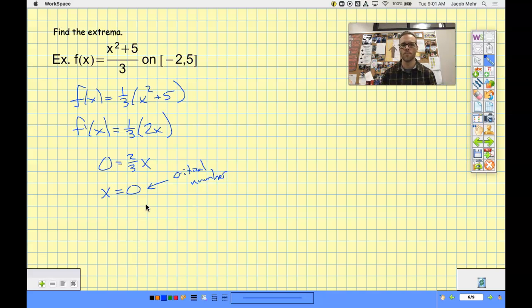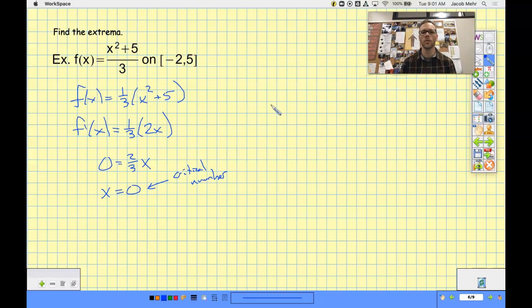All right. So we have our critical number. We need to evaluate our function at the critical number. So I'm going to find f of 0. Put 0 in, I get 5/3. But we can't forget about the endpoints because this is a function on a closed interval.